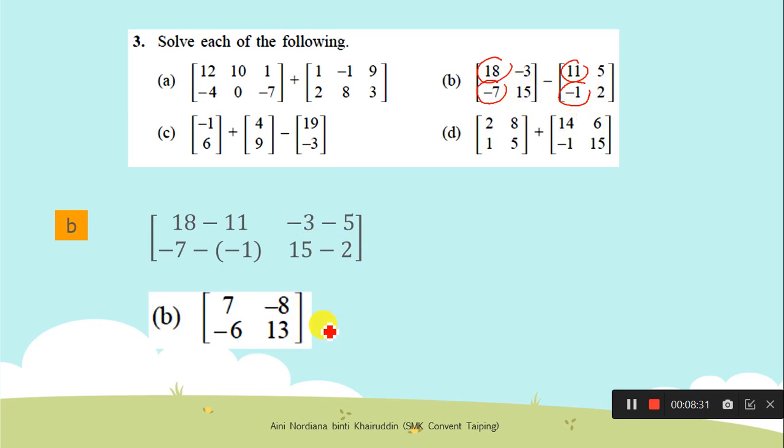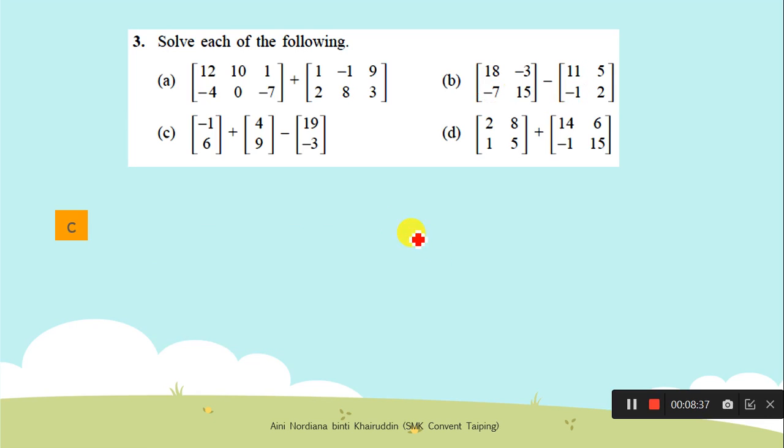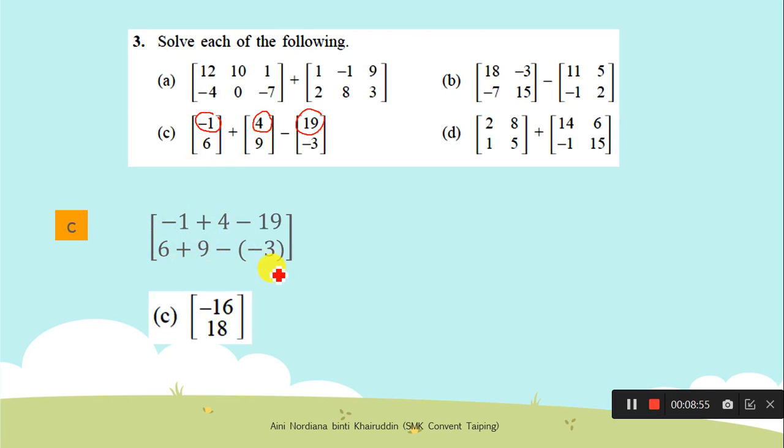So this is the answer for B. For question C, negative 1 plus 4 minus 19 for the first row, first column. For the second row, 6 plus 9 minus negative 3. So this is the answer for C.